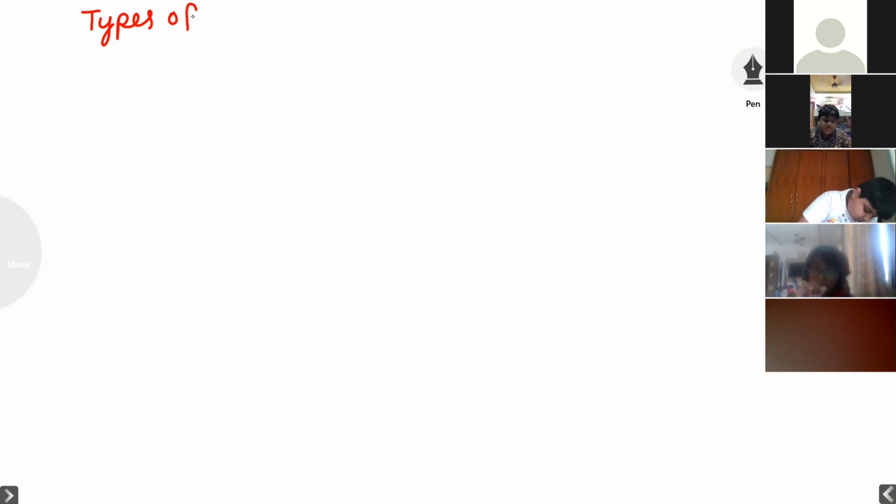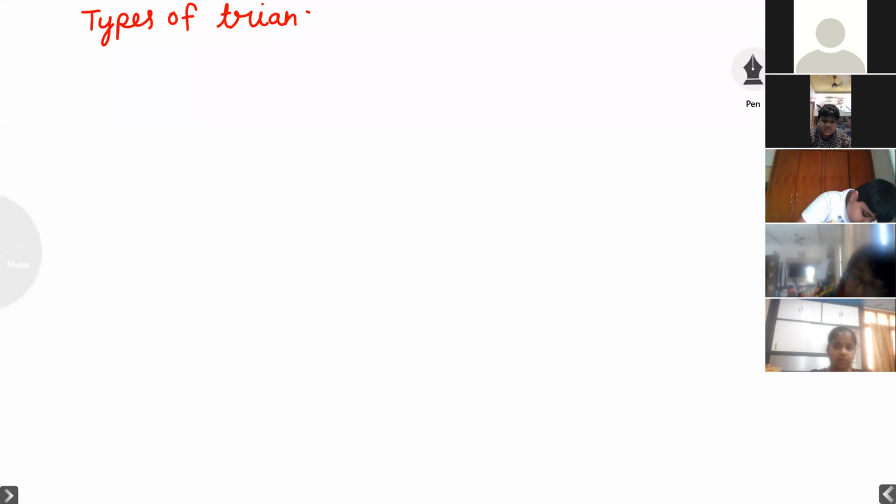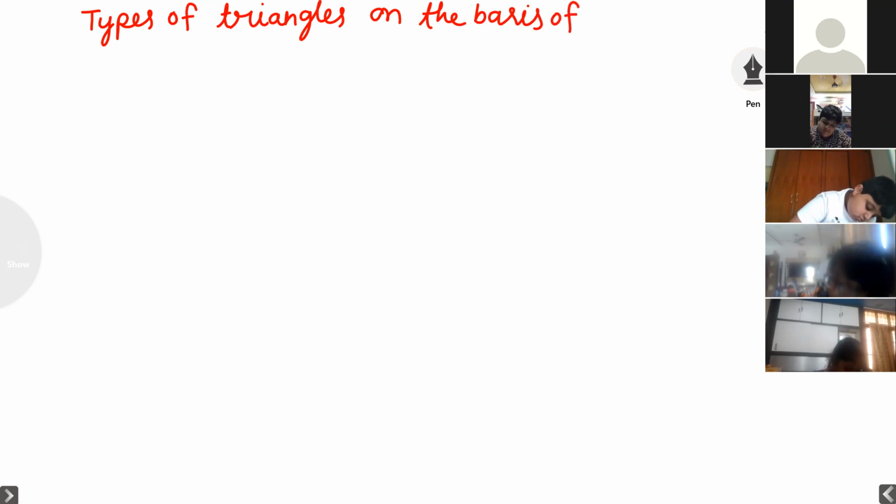Classification of triangles on the basis of angles.